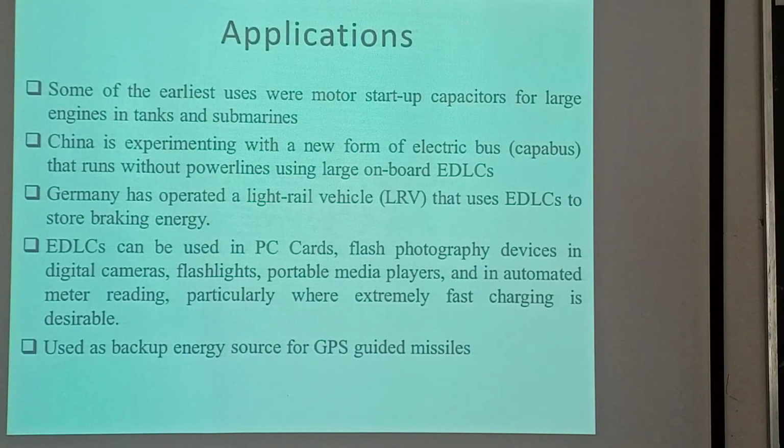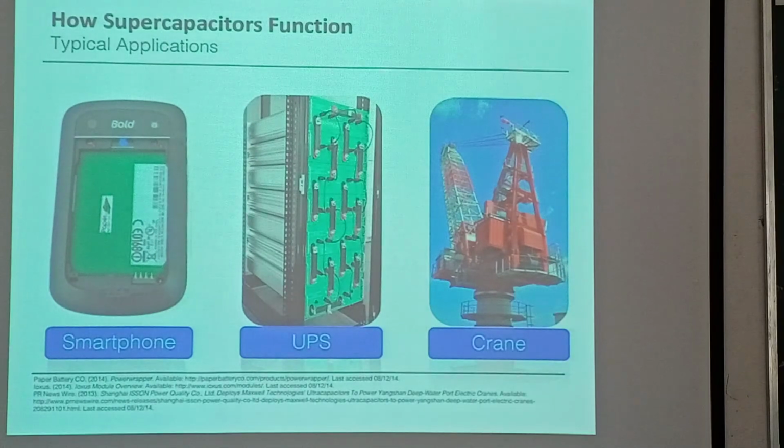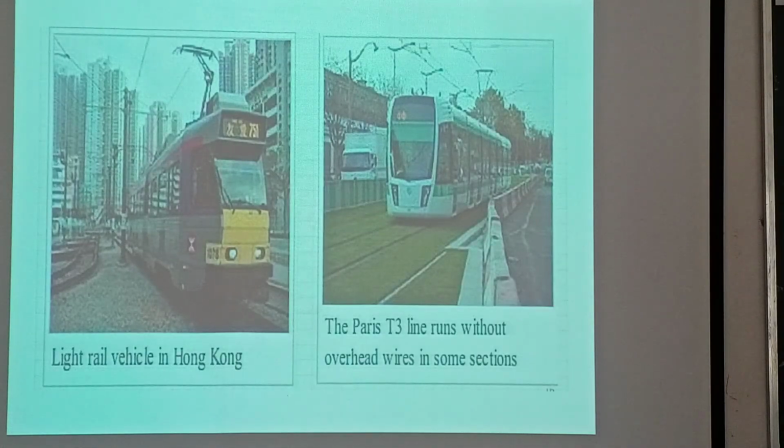Then EDLC can be used in PC cards, flash photography devices, and digital cameras. It has various kinds of applications. It is used as a backup energy source for GPS guided missiles. Other applications are smartphones, UPS, and cranes. Then the light rail vehicle in Hong Kong, and the Paris T3 line runs without overhead wires in some sections.